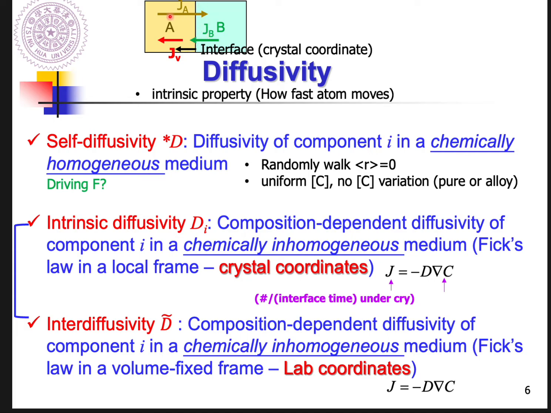So if JA is larger than JB, in order to reach a net flux of 0, there must be a vacancy flux toward the left-hand side.